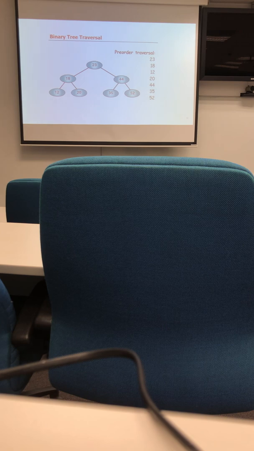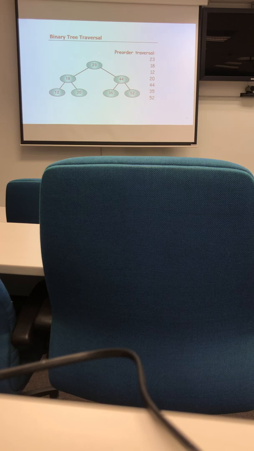Then the left subtree of 23 will be visited. Pre means parent comes first. Pre indicates the order of the parent. Parent comes first, then after that traverse the left subtree of 23, then the right subtree of 23.